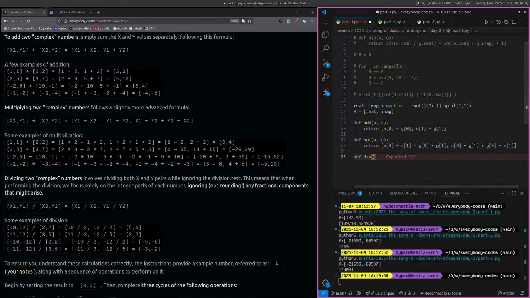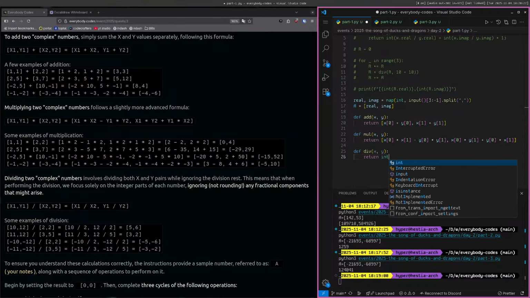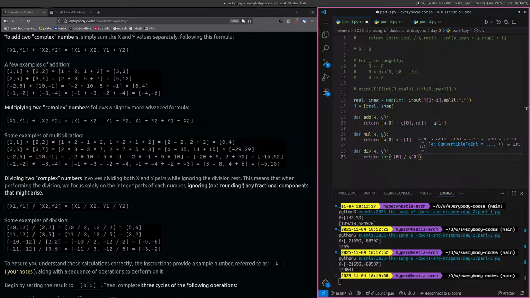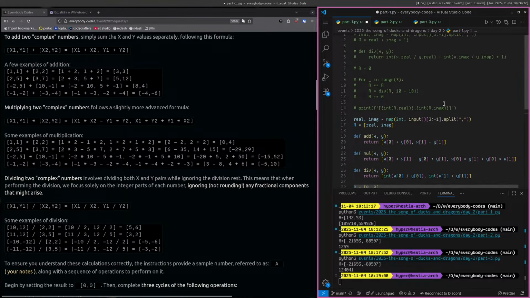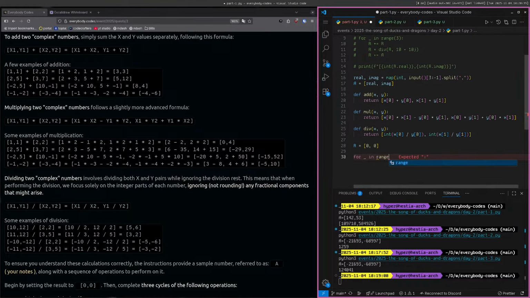And then the division function is just about as simple since we had to write a division function anyway. Like so. And then we could write it out like this. It's not too much more complicated, to be honest.